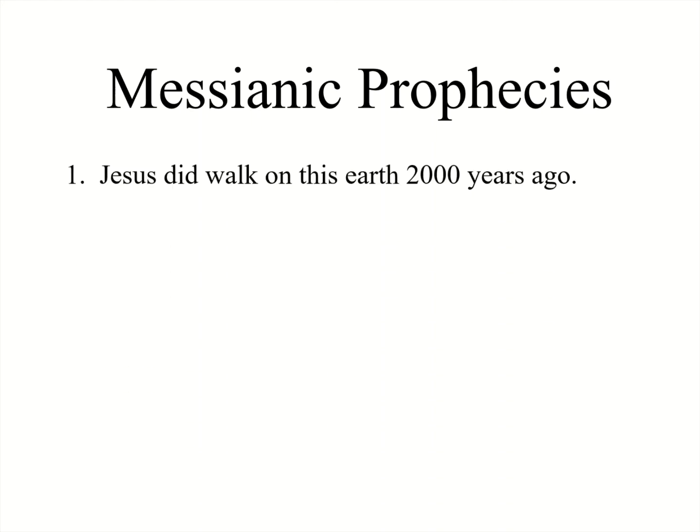First of all, Jesus did walk on this earth 2,000 years ago. I can find lots of atheists who would agree with that. In fact, there were 17 non-Christian historians who wrote about the death of Jesus by crucifixion.